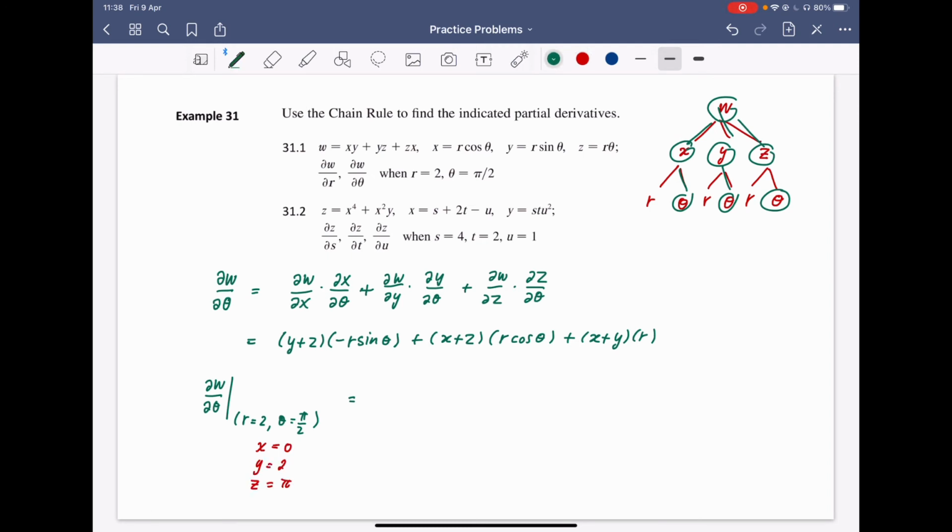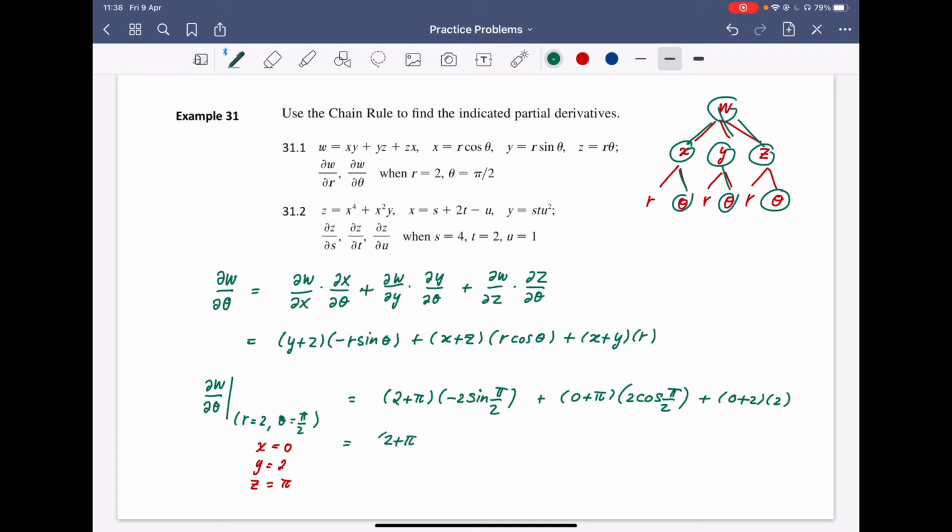Once you plug in, you're going to get 2 plus pi times negative 2 times sine pi over 2, plus 0 plus pi, times 2 times cosine pi over 2, plus 0 plus 2 times 2. This is what you get at the end.